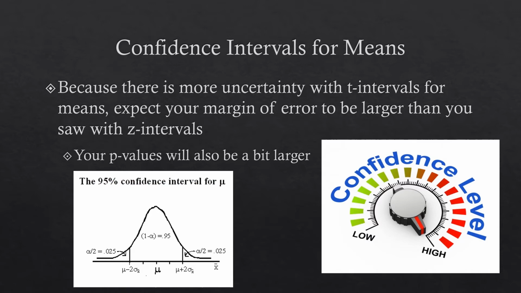And also your p-values are going to be a little bit larger when it comes to hypothesis testing. So just keep that in mind. If, for example, we found a 95% confidence interval for a proportion, then the margin of error for the corresponding 95% confidence interval for means is going to be slightly wider.